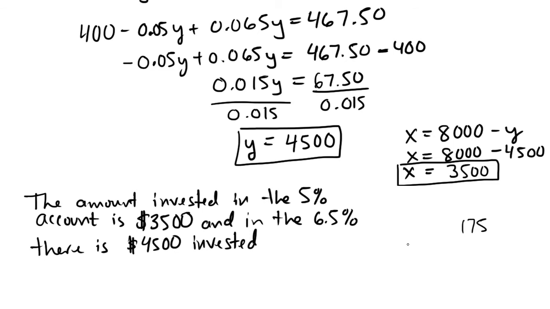And if I do 0.065 times 4,500, I get $292.50 for the interest in the second account. If I add those two together, I get 467.50. And that's the number that I was supposed to get. So we have the right answer.